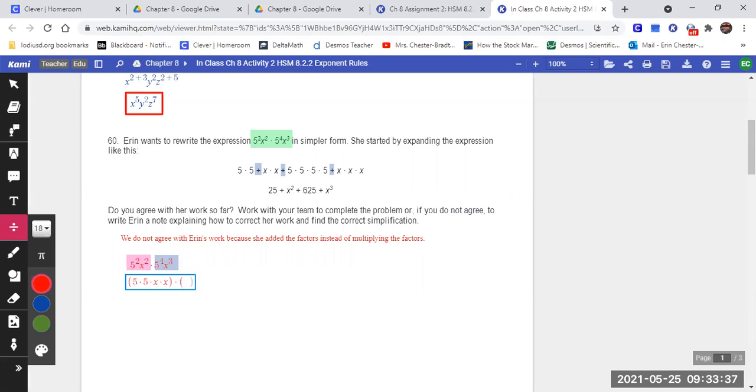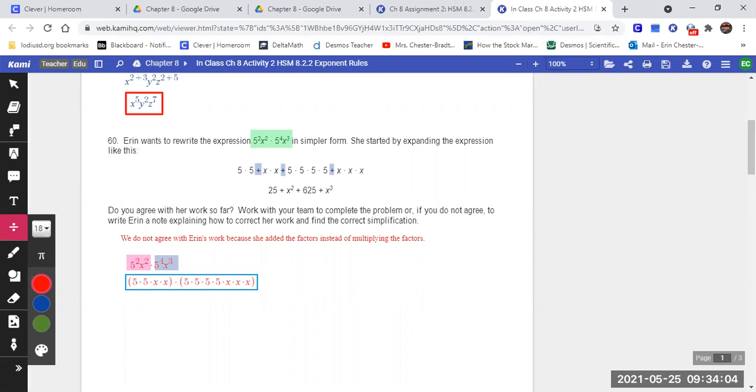What's the blue's parentheses going to look like? Thank you. 5, shift 8, 5, 4 of them. And then X with X with X. Remember, shift 8 is where we're getting the dot from.